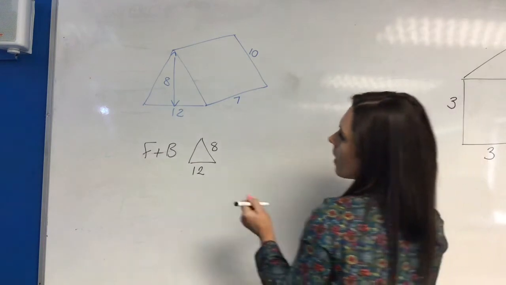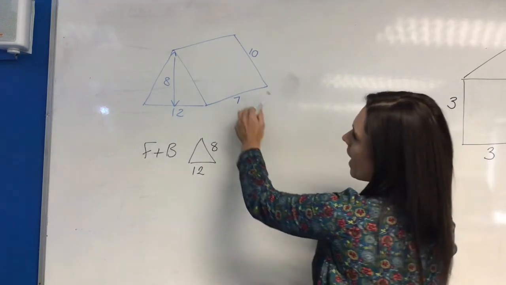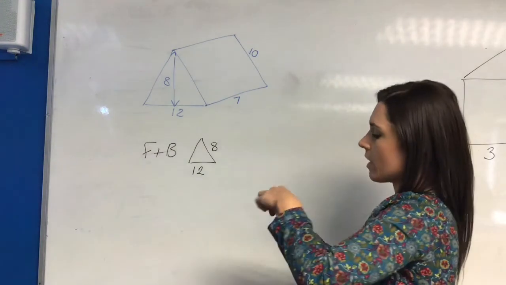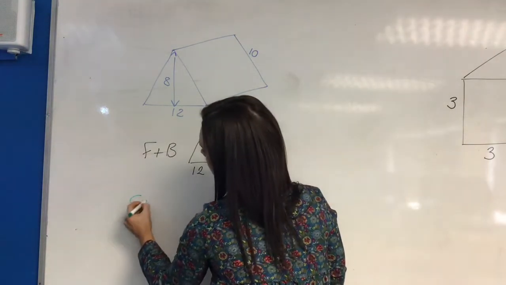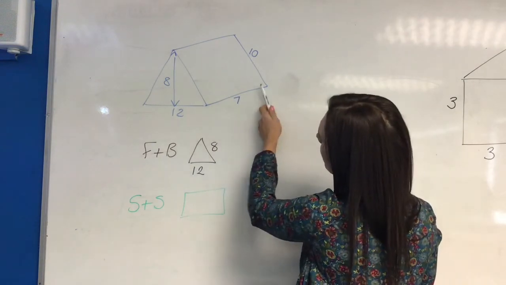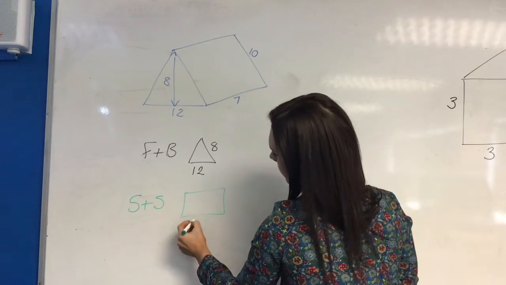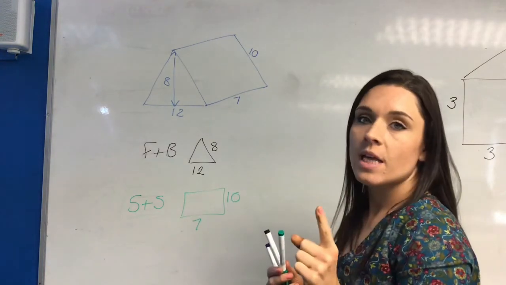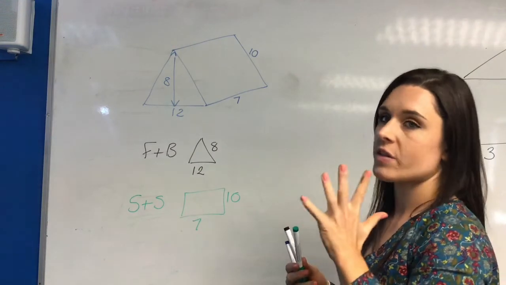We know that our triangular prism also has 2 equal sides here. So we can draw that out, side and side, which has dimensions 7 by 10. 7 by 10. And then we need to remember that a triangular prism only has 5 sides.